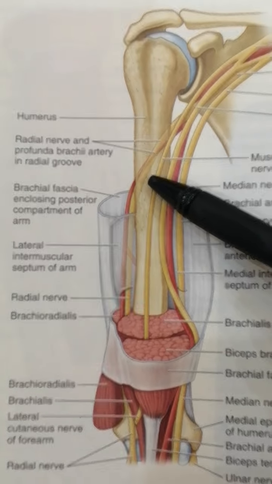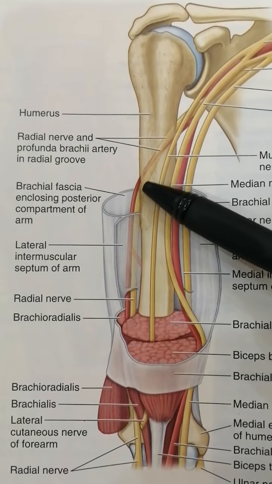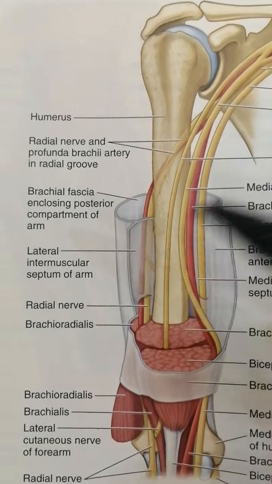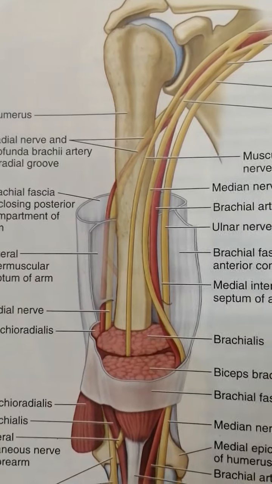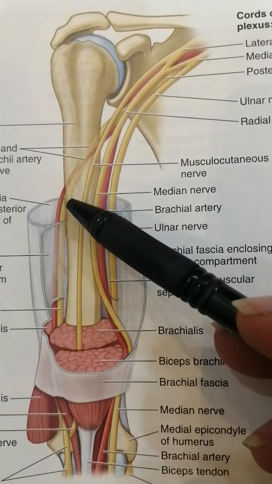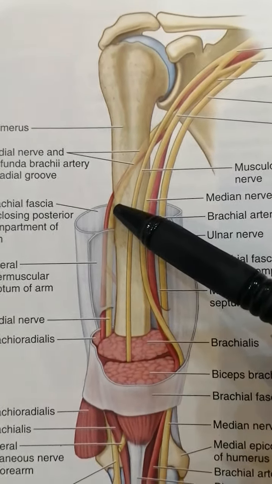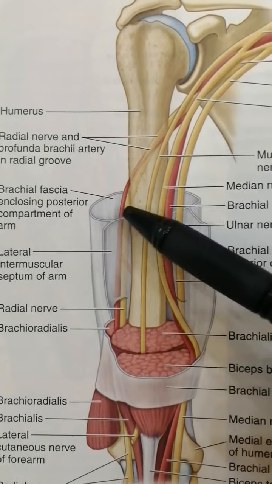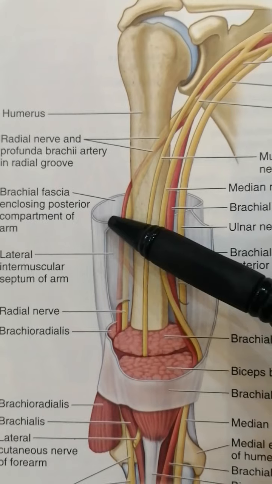When it reaches the lateral border of humerus, अब ये यहाँ पर lateral border of humerus पर आ जाएगी, ठीक है. Okay, when it reaches the lateral border of humerus, just 5 cm below the deltoid tuberosity, it pierces the lateral intermuscular septum. ये intermuscular septum दिखाए हुए हैं. What are intermuscular septa?